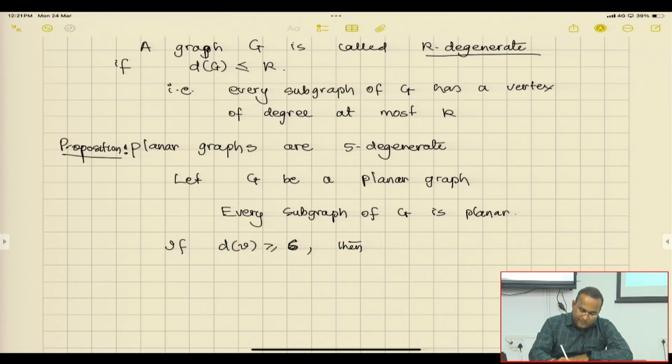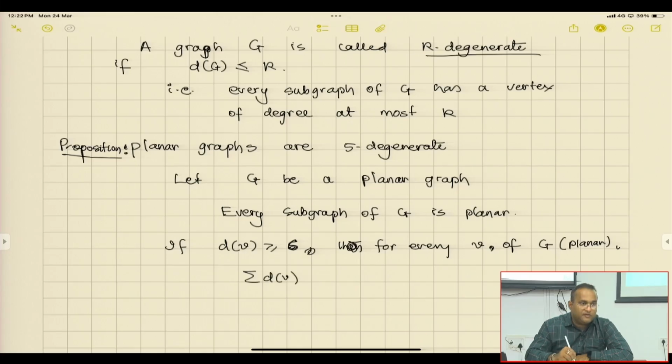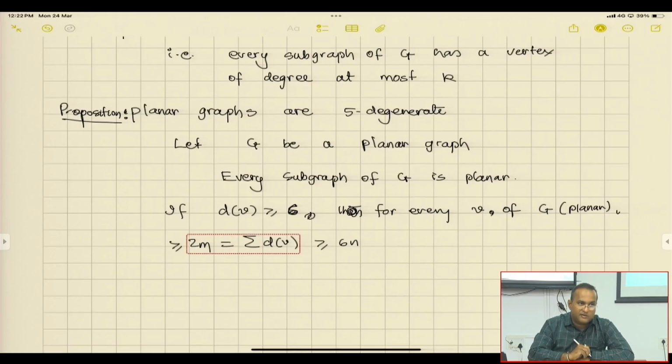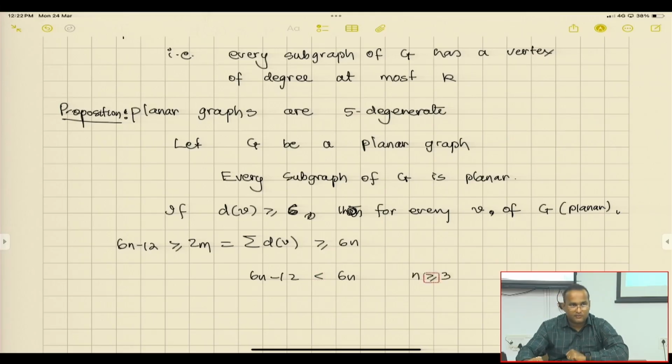The summation of degrees, which is 2 times the number of edges, is greater than or equal to 6n. But m is at most 3n minus 6, so 2m is at most 6n minus 12, which is always less than 6n for n greater than or equal to 3.